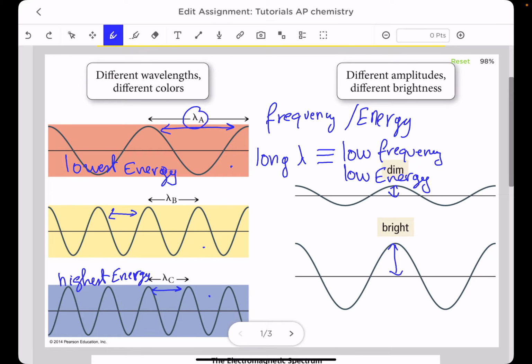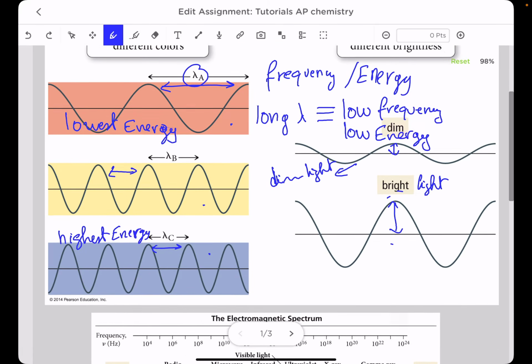If I have a wave with a low amplitude, it means that the light is dim. But if it has a high amplitude, it means that this is a bright light. I will be discussing the effect of frequency and the effect of amplitude on light in the photoelectric effect.